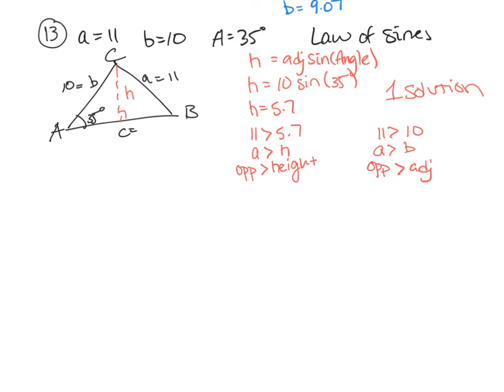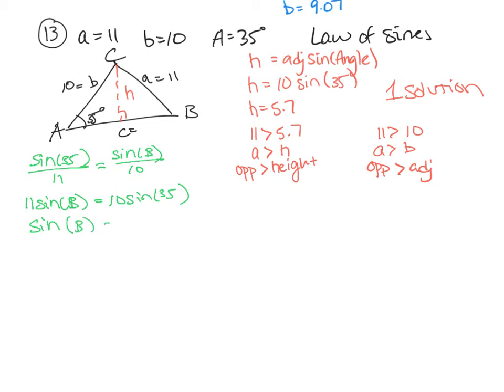First thing I'm going to do is try to find my angle B. So we'll have sine of 35 over 11 is equal to sine of B over 10. Cross multiply, divide both sides by 11.